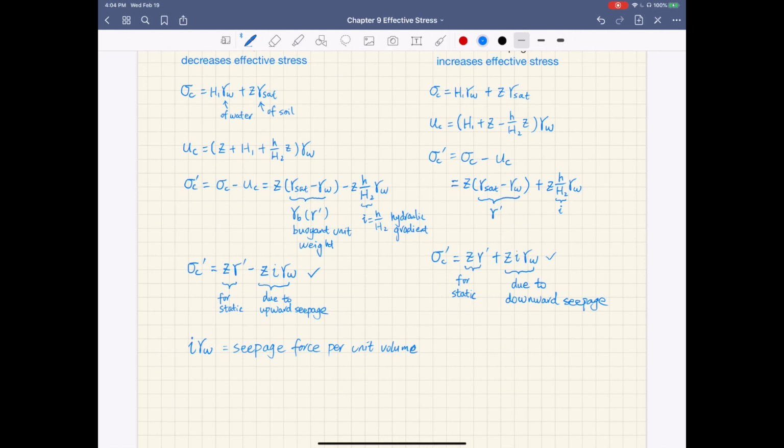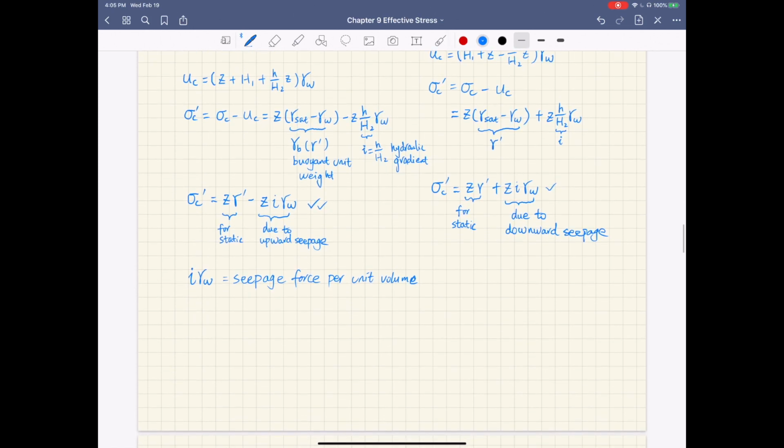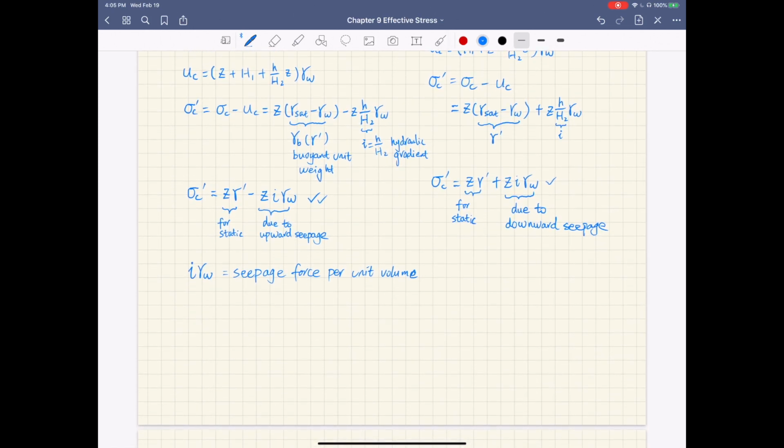Okay. Moreover, if we look at this effective stress equation with upward seepage, there's a critical condition when the seepage is increasing such that the effective stress sigma C prime is 0 for the upward seepage.